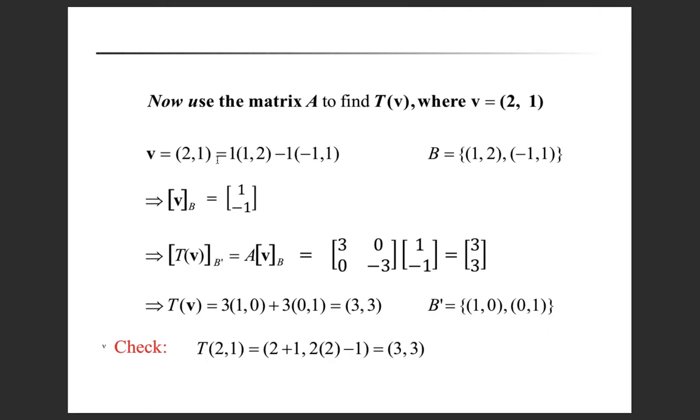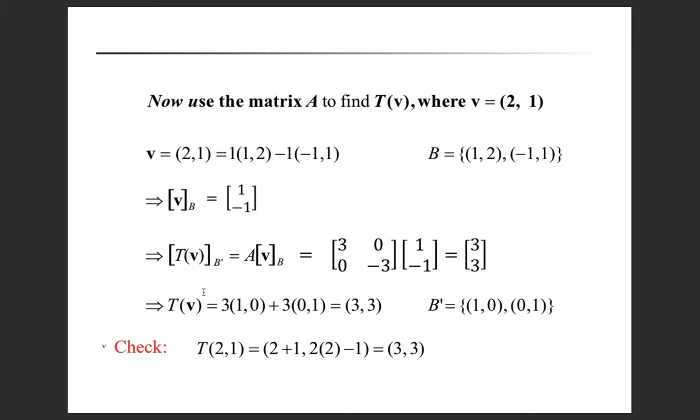So if we write x minus y equal to 2 and 2x plus y equal to 1, and if we solve these equations, we get x equal to 1 and y equal to minus 1. You can also calculate these by writing x minus y equal to 2 and 2x plus y equal to 1. We get x equal to 1 and y equal to minus 1. So VB is equal to (1, minus 1).